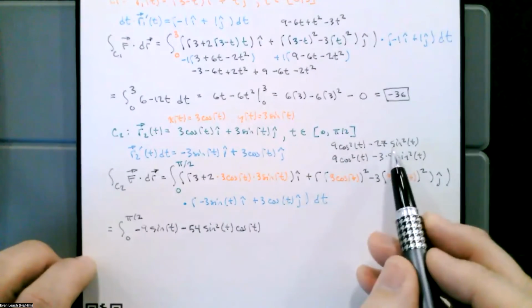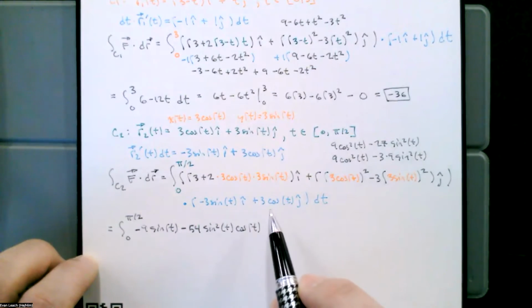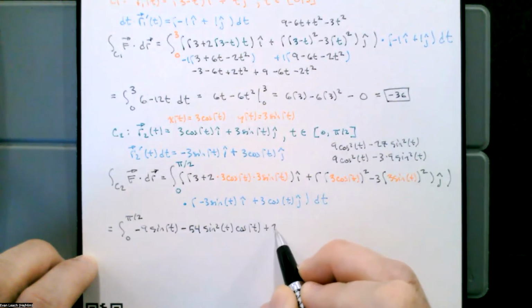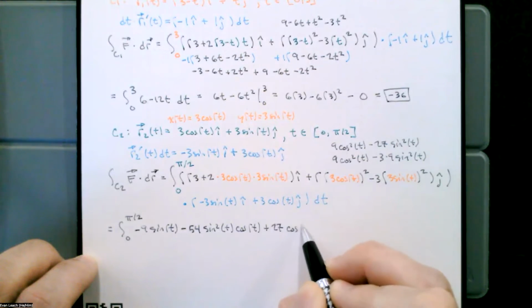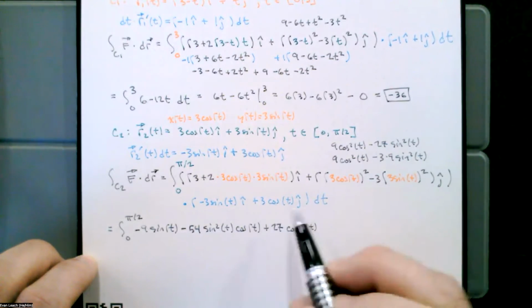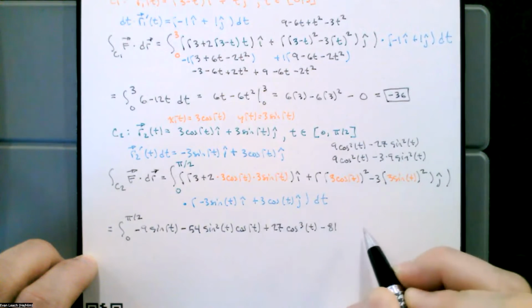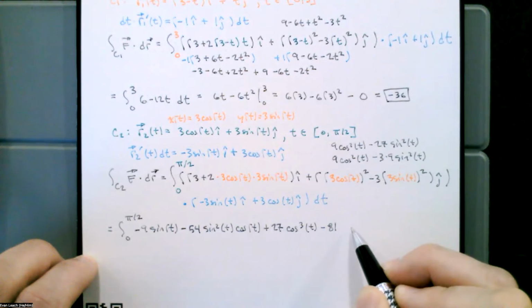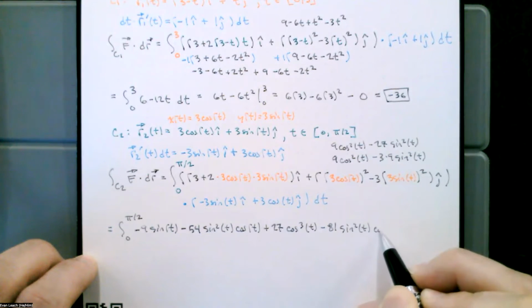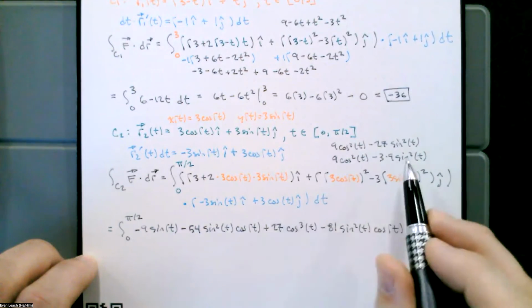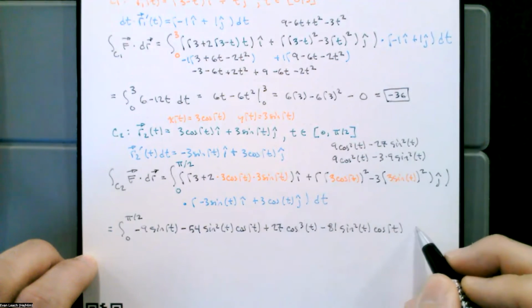I have to multiply these two terms by this 3 cosine of t. So I'm going to have plus 27 cosine cubed t, minus 81 sine squared cosine t. And all this is dt.